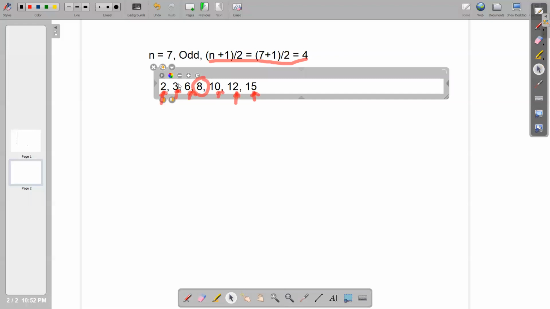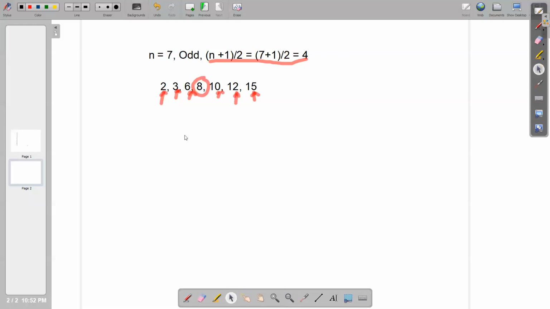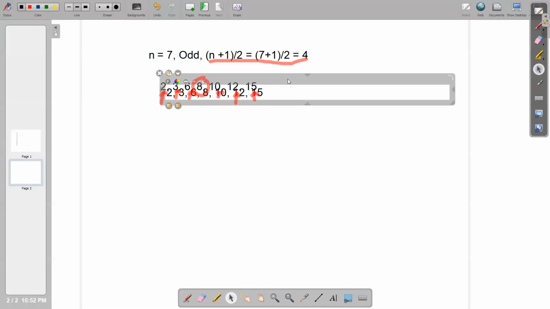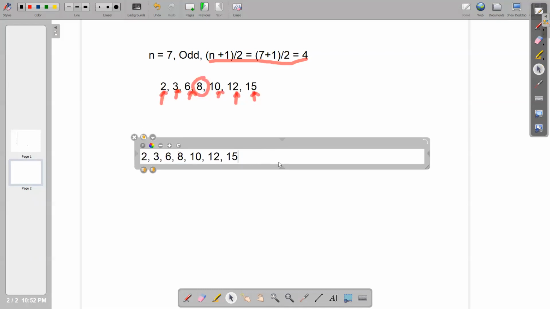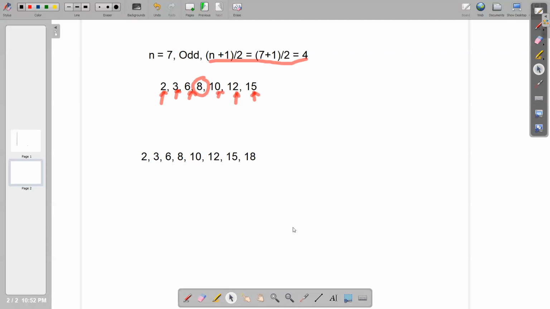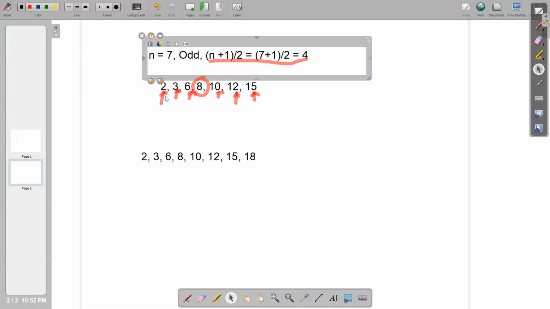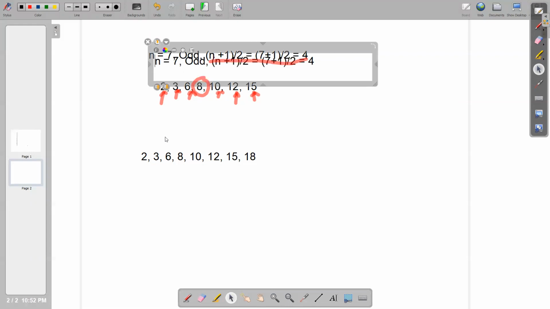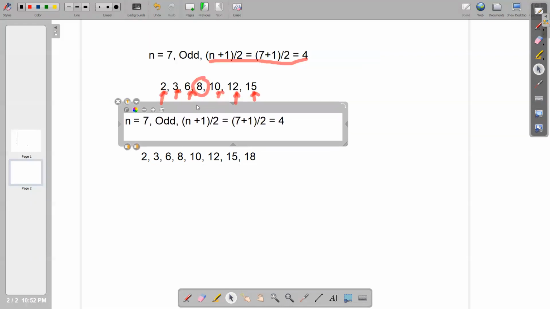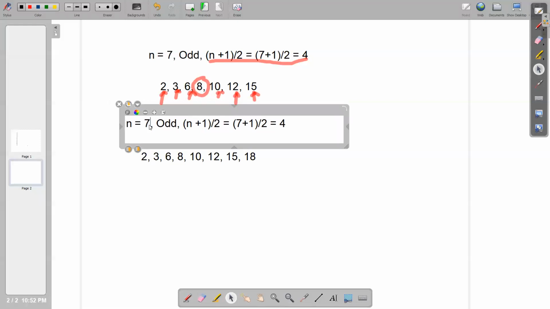Right. So this is when n equals 7. What about when you have an even number of observations? What if we add another number? For example, if we add another number 18 to the data set. Now n equals 8, right? So 8 is an even number.